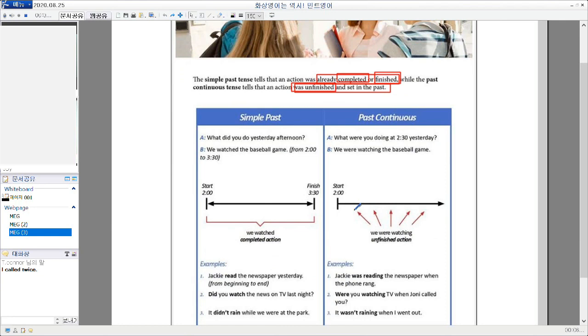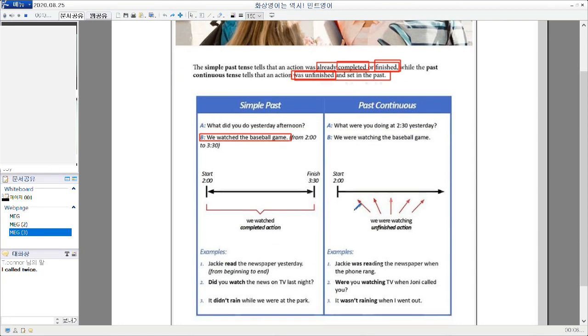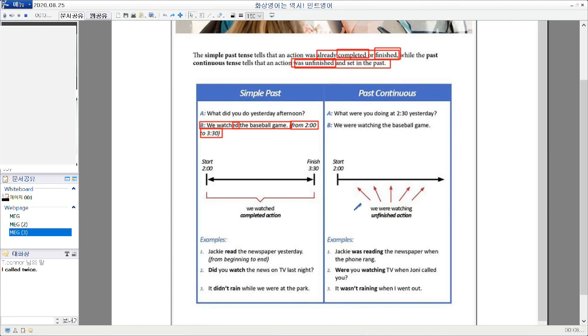So simple past first. I ask, what did you do yesterday afternoon? Answer: we watched the baseball game. That's right. So watched, past form, with ed. So when did it happen? It happened from 2 to 2:30. So it was over.